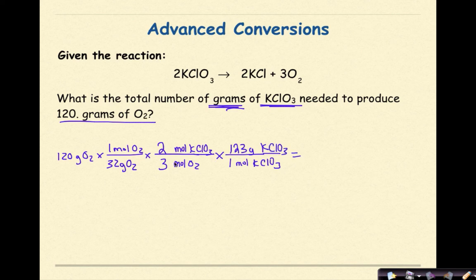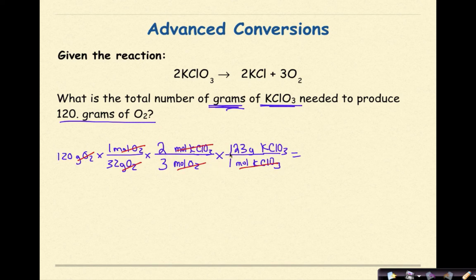Equal sign, and then I'm going to go through and cancel my units. Grams of O2, grams of O2, moles of O2, moles of O2, moles of KClO3, moles of KClO3, and I am left with mass of KClO3. So my conversion is set up correctly, and I can move on to actually doing the calculation.